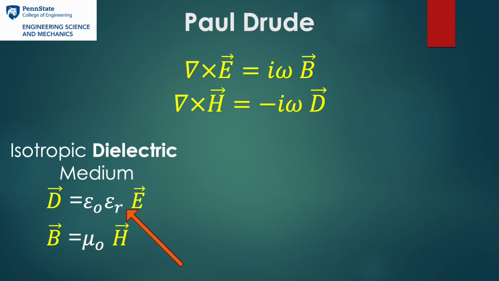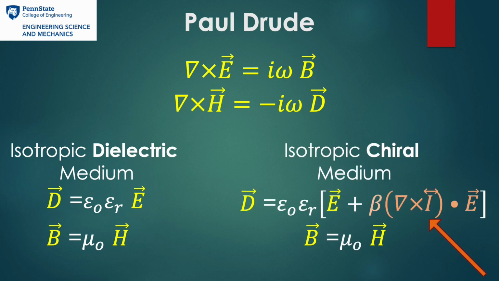For an isotropic dielectric medium, the constitutive relations are the same as of vacuum, but there is a relative permittivity scalar added, epsilon R. For an isotropic chiral medium, Drude added the curl E term with beta as the chirality scalar.